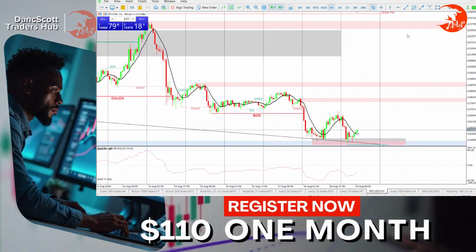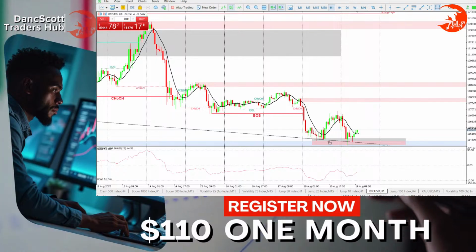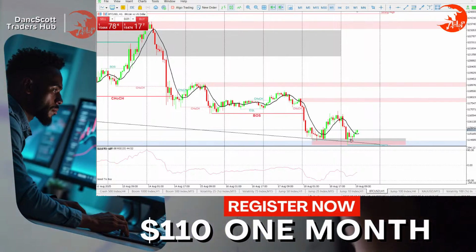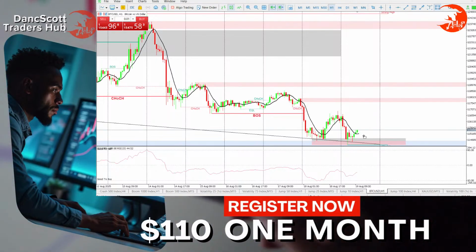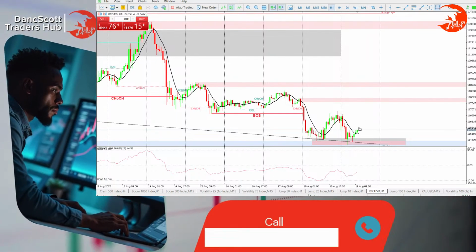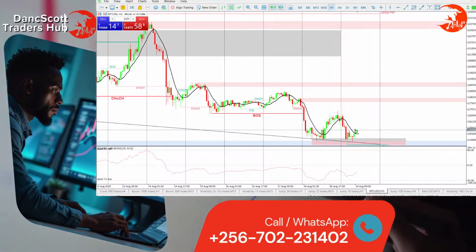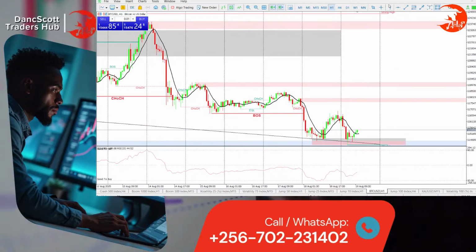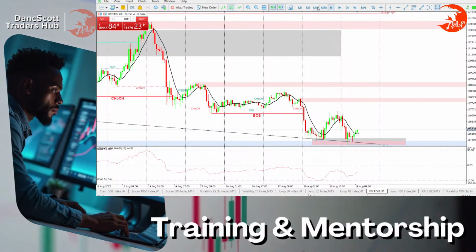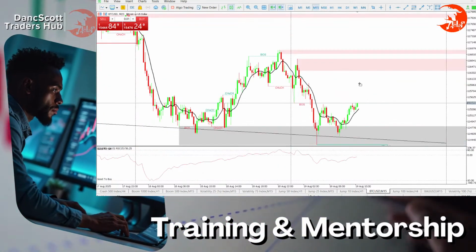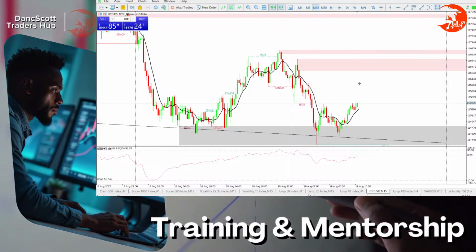Now if I come to H1, you clearly see exactly the same thing that we've seen on H4, and on H1 it is even better that price is above our 10 MA. Right here you can see price is above our 10 MA, meaning the buys have started on H1. If we go to M15, the same thing.